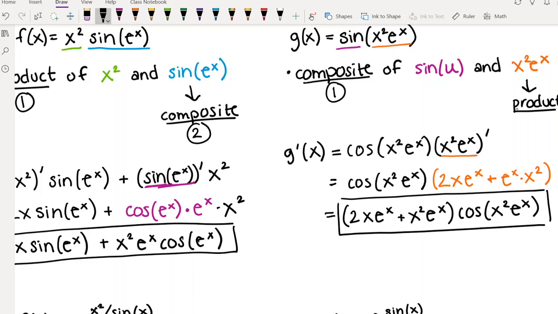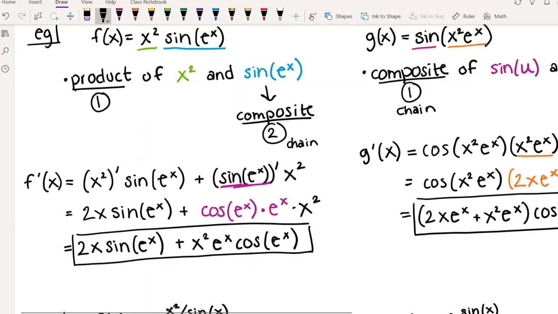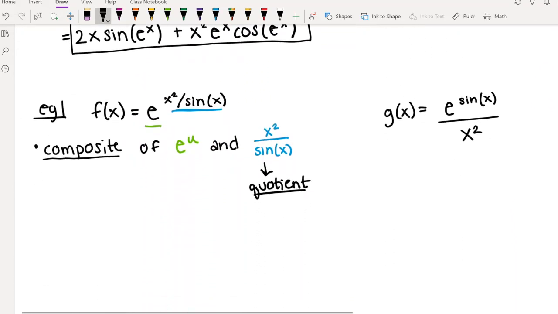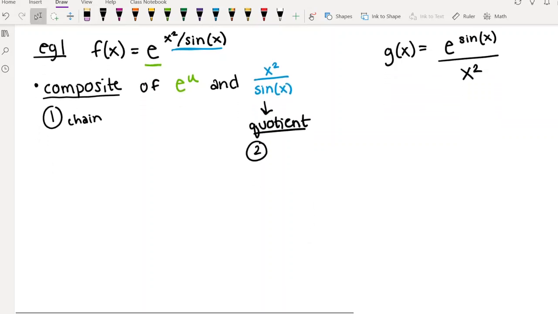Whereas for this one, you're starting with the chain rule, and then later you're using the product rule. And similarly here, you're starting by using the chain rule, and then along the way, you're going to use the quotient rule.